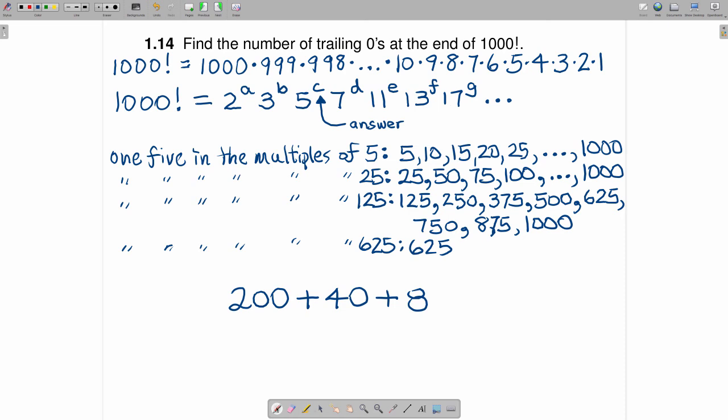So in that case we just get one more 5 from him. So the value of C here, which is the number of 5s in this prime factorization, turns out to be 249, and 249 is the number of trailing zeros at the end of 1,000 factorial.